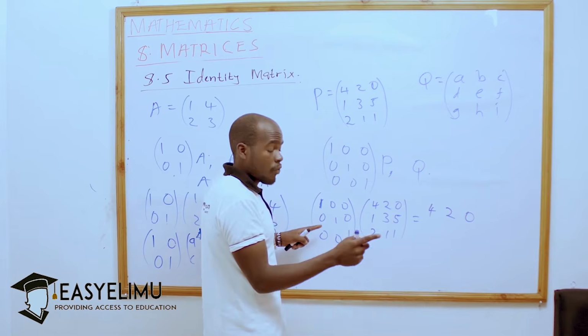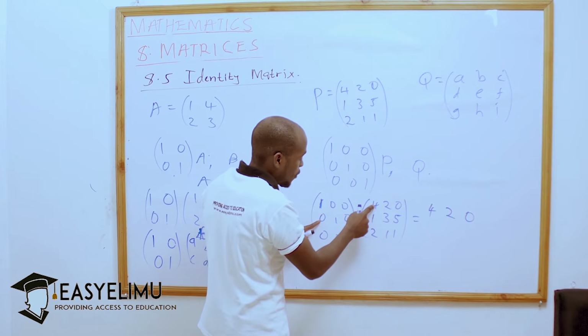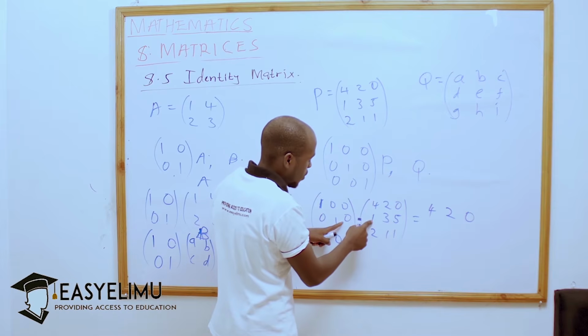Next, we are going for the next. So it is 0 by 4, plus 1, plus 0.